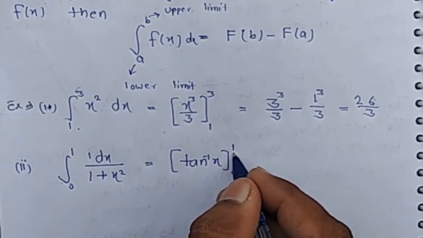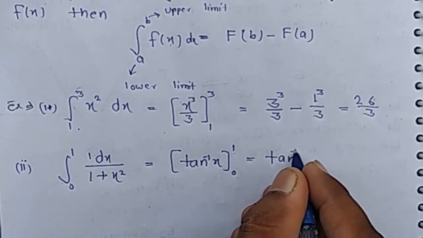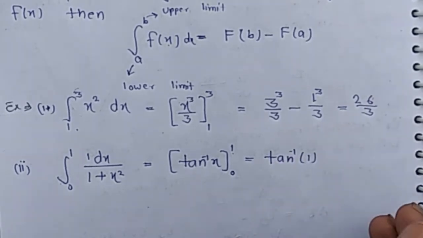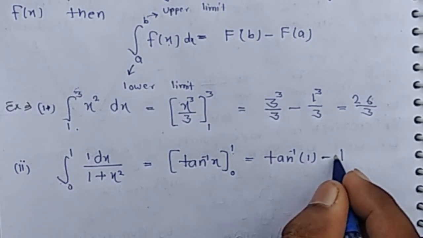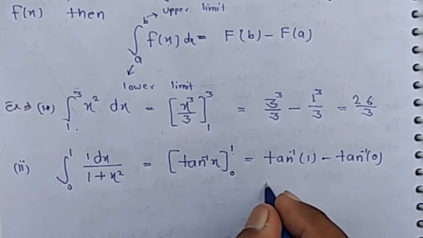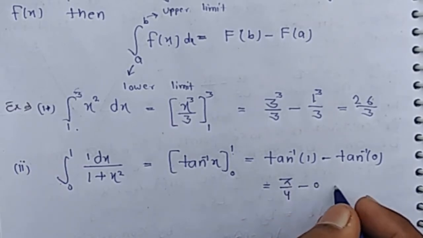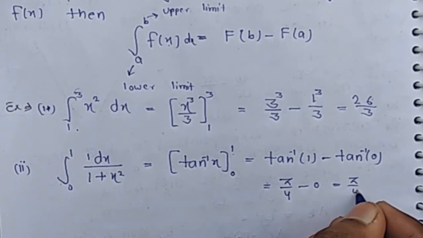Firstly we put the upper limit in place of x, meaning tan inverse 1 minus the lower limit tan inverse 0. Tan inverse 1 is pi by 4. Tan inverse 0 is 0, so the answer is pi by 4.